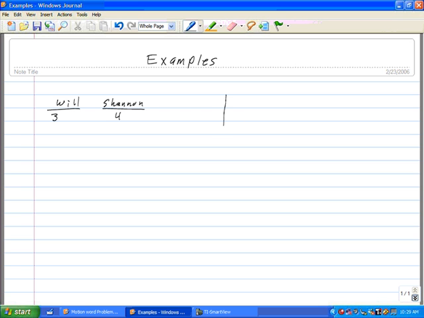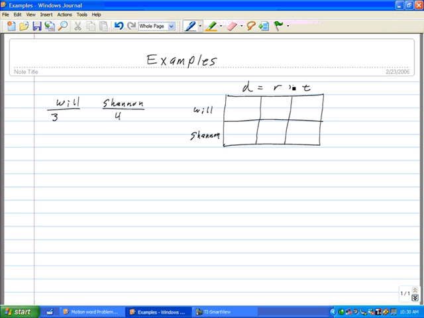With this information, we can start building our box. We will have a row for Will and a row for Shannon, and three columns: a distance, a rate, and a time. Clearly what we've been given is rate, so we'll fill those in the appropriate places.